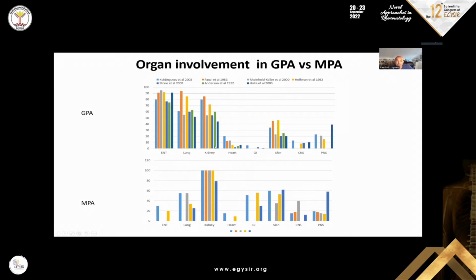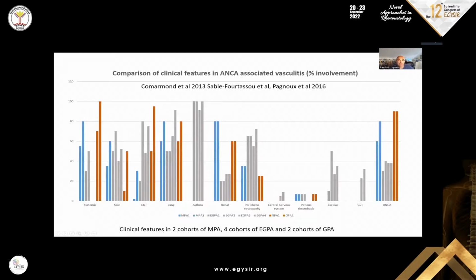But across the board for both sets of diseases, you have multi-organ involvement. And if you look at a comparison with EGPA, eosinophilic granulomatosis with polyangiitis, you will see a similar, very wide distribution of clinical features.